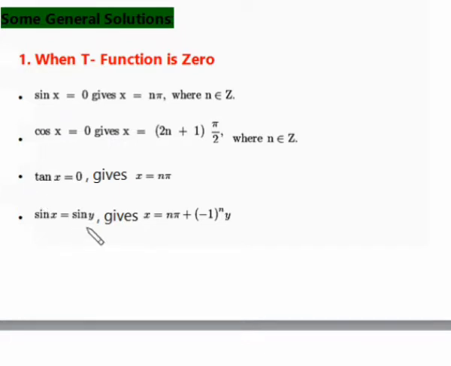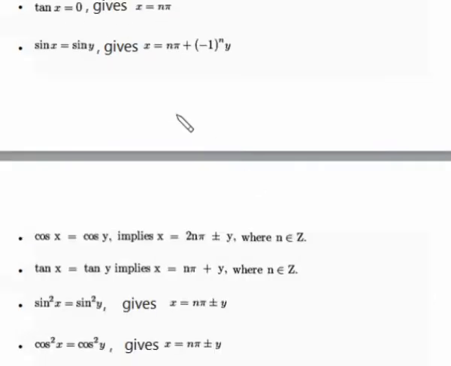Now the next case, that is sin x is equal to sin y. Same trigonometric function with different angle. When these two are equal, it gives the general solution x is equal to n pi plus minus 1 to the power n into y. This angle is equal to n pi plus (minus 1) to the power n multiplied by this angle.